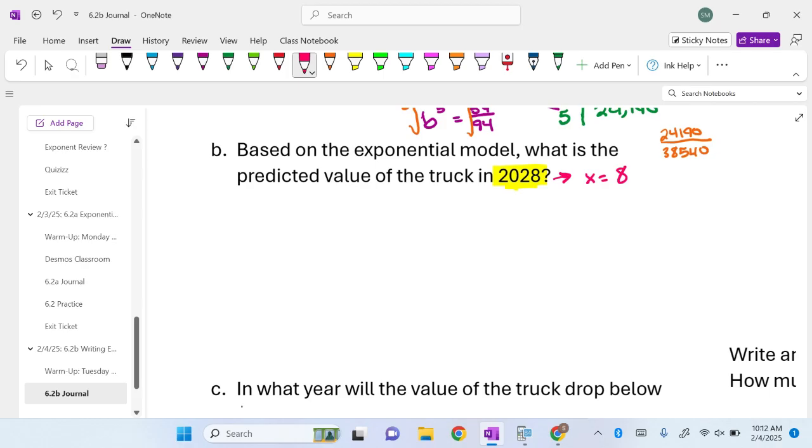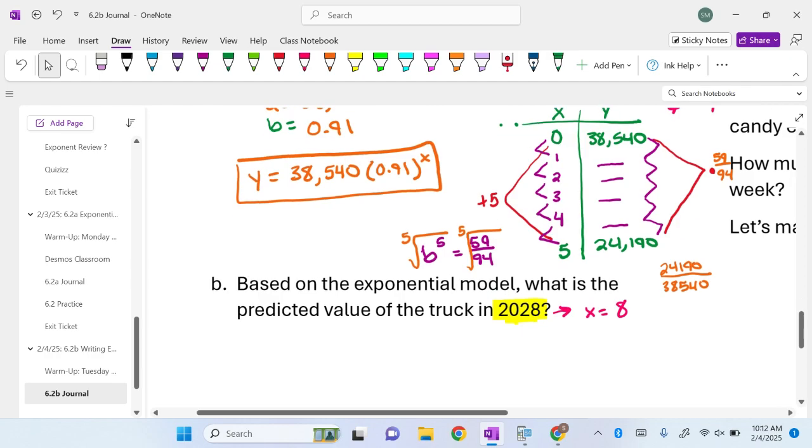So how do you think we're going to use the equation that we found in the previous part to find the value of the truck after 8 years? We know that X is equal to 8. We got the function, we got the X value. So what do you think we're going to do? Guys, if we're given an X value and a function, what do you typically do with that X?